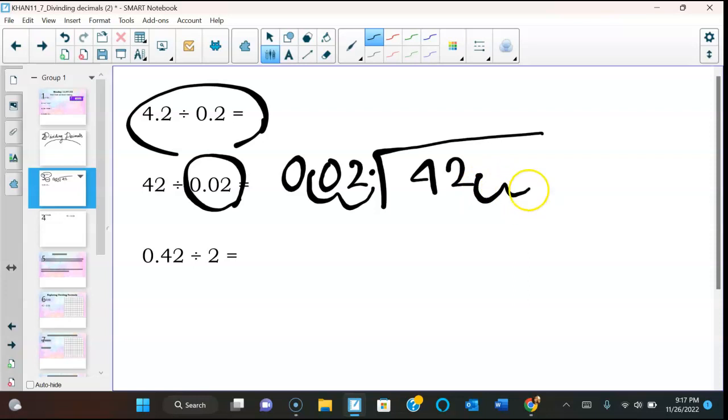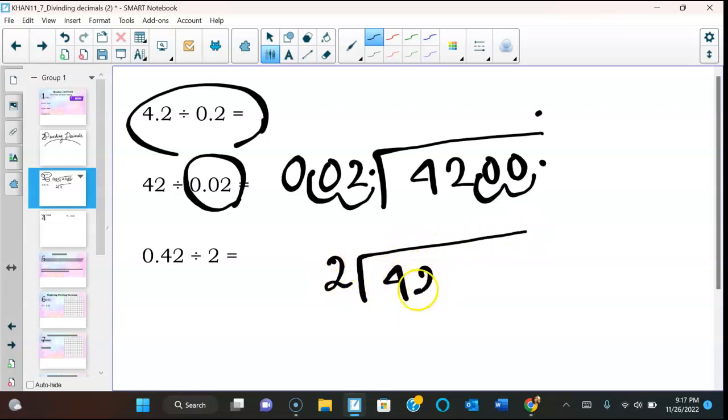So that is 1, 2, and the decimal point is here, and we have to fill up this gap with 0, and we have to put the decimal point to the top. Now rewrite the whole settings. So this is a 2 and the inside number is 4200, the decimal point here. Put the decimal point on the top.